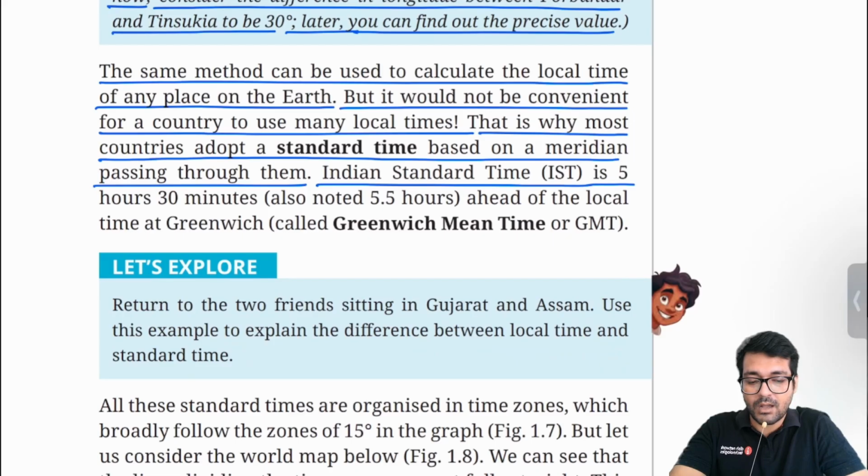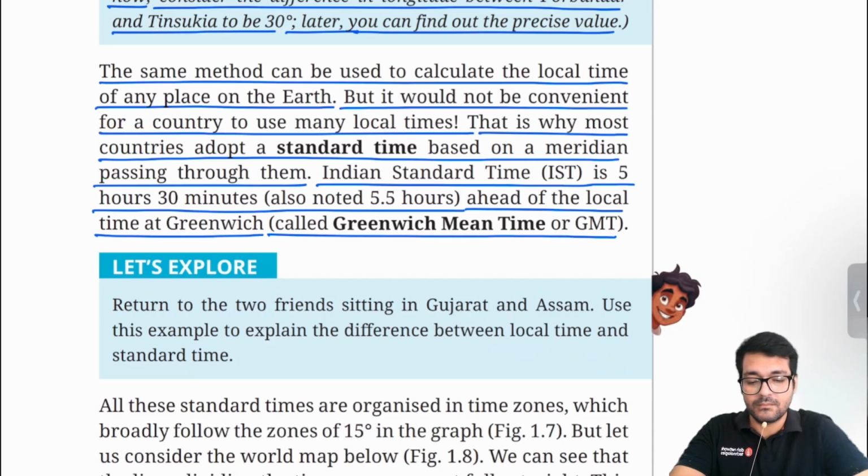Indian Standard Time (IST) is 5 hours 30 minutes, also noted 5.5 hours ahead of the local time at Greenwich, called Greenwich Mean Time or GMT. Indian Standard Time is 5.5 hours ahead of Greenwich Mean Time. That means 82.5° East is taken as the reference for Indian Standard Time.